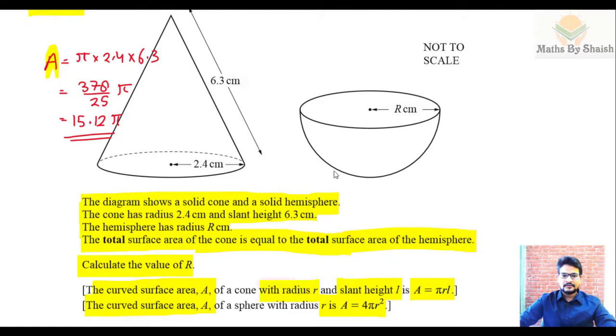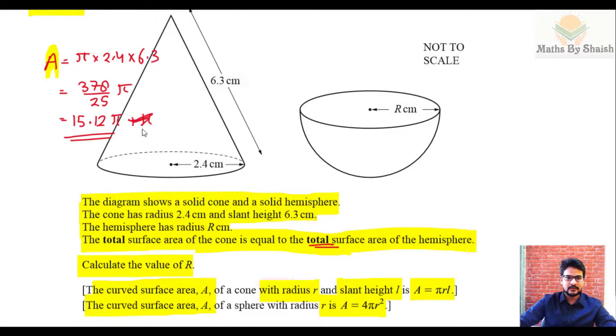And now we have the curved surface area, and this is the total surface area. So in the total surface area we have to include this circle's area as well, and circle area is pi r square.